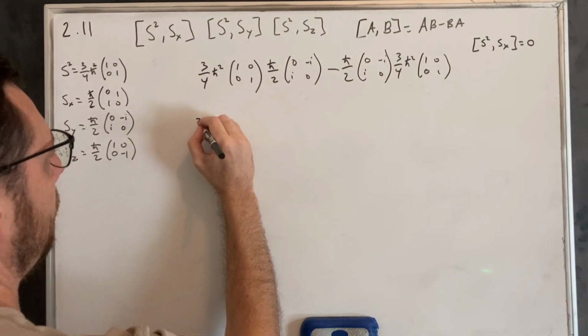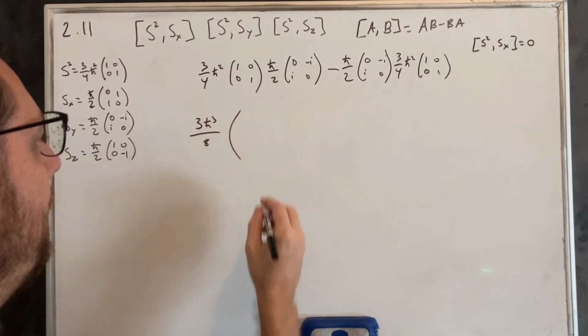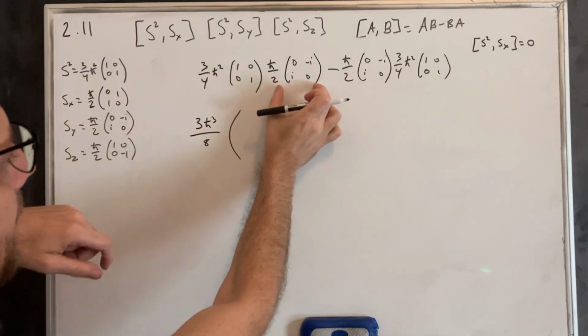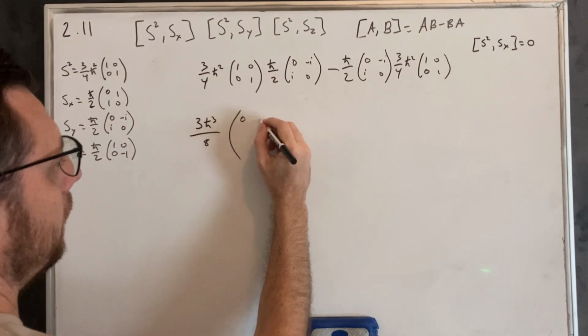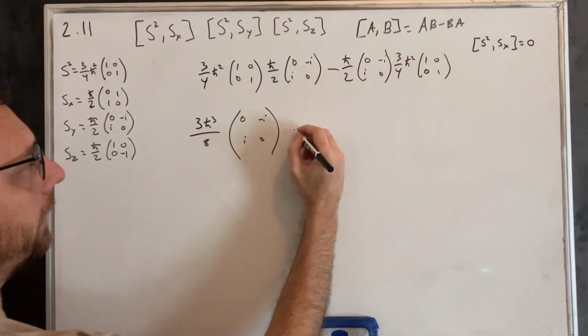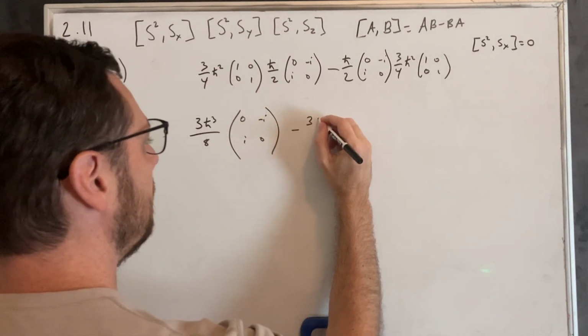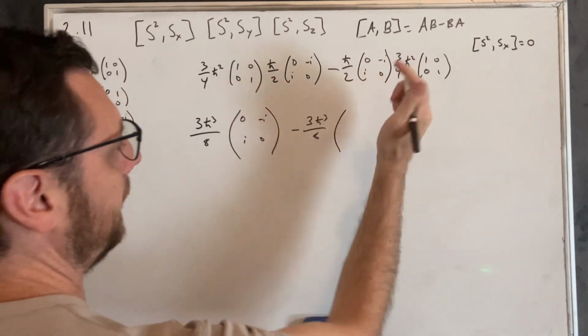So we're going to get 3 h bar cubed over 8 again, and then we're going to get this back again because this is basically like multiplying by 1. So we get 0, negative i, i, 0, and the same thing here, minus 3 h bar cubed over 8, and we'll get this back again.